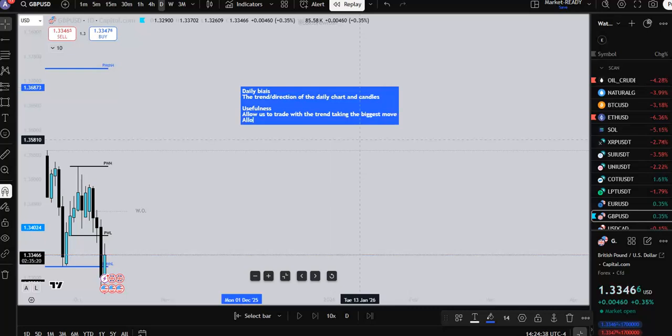It allows us to avoid counter trend entries, like, when I say short, it does not mean sells, like retracement, pullbacks, and fake outs.